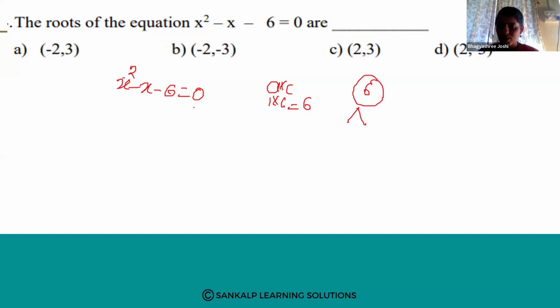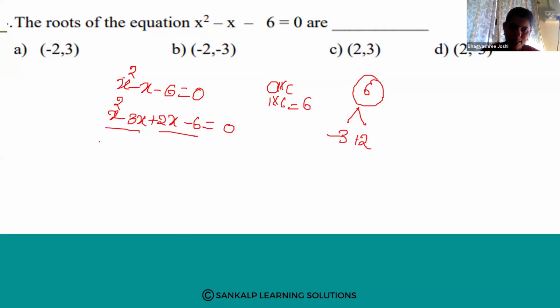So we have to choose the numbers. Which numbers? 3 twos are 6, right? 3 twos are 6. So minus 3 plus 2, you will get minus 1. So x square minus 3x plus 2x minus 6 equal to 0. Between these two, x is common.